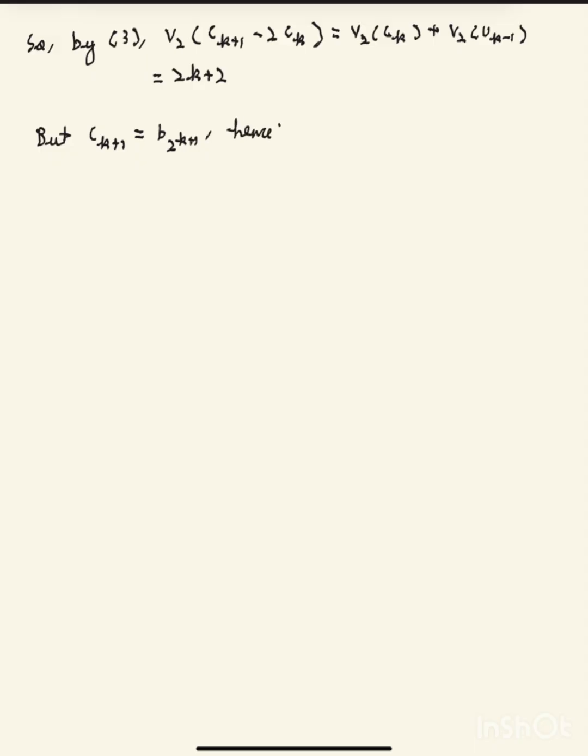Hence, we have v2 of b sub 2 to the k plus 1 minus b sub 2 to the k, 2 to the k, is equal to 2k plus 2, as desired.